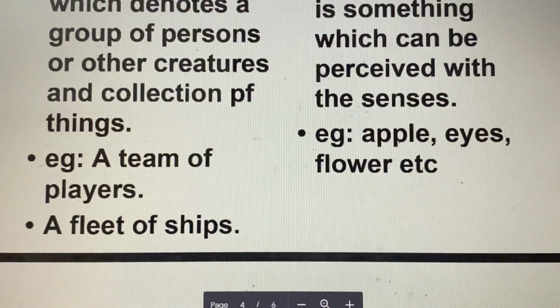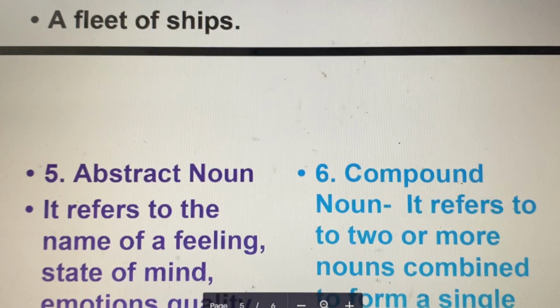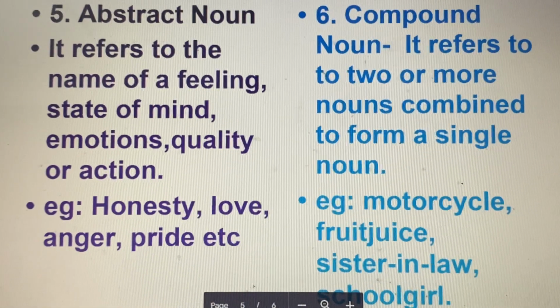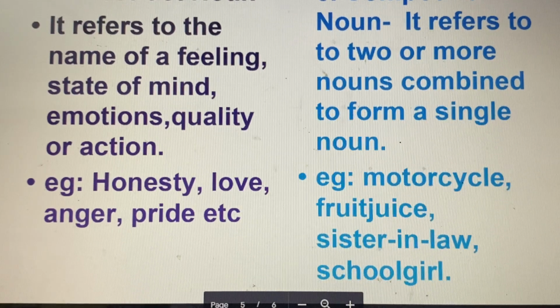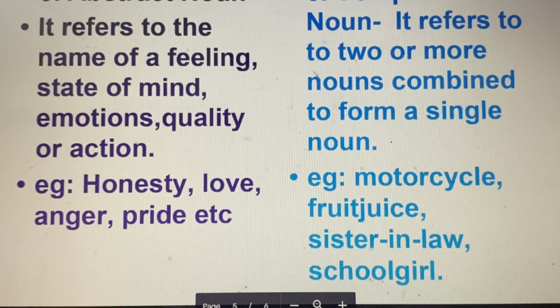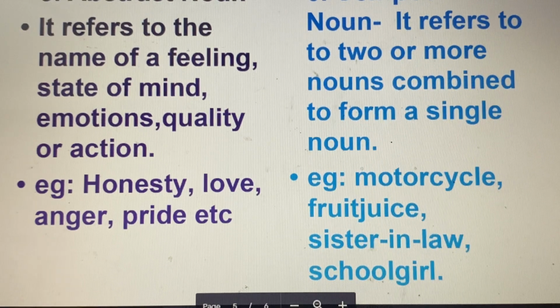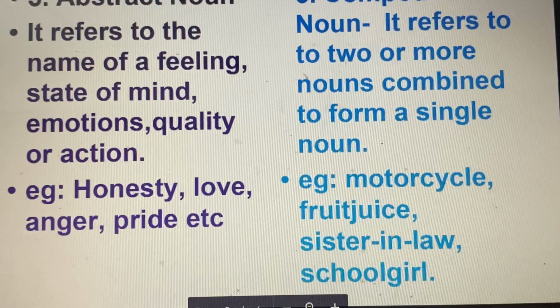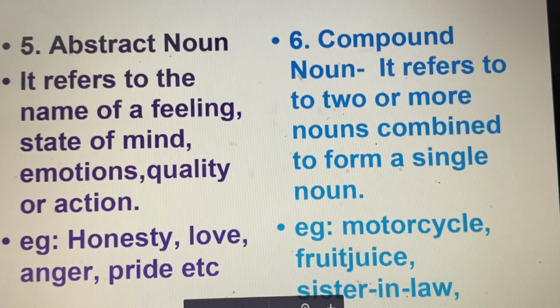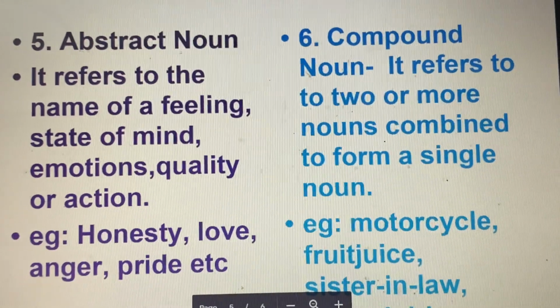Next comes our abstract noun and compound noun. An abstract noun refers to the name of a feeling, state of mind, emotion, quality or action which does not have a physical reality.